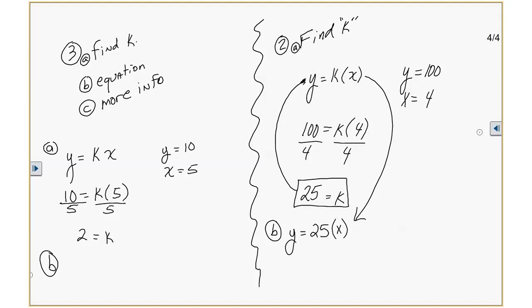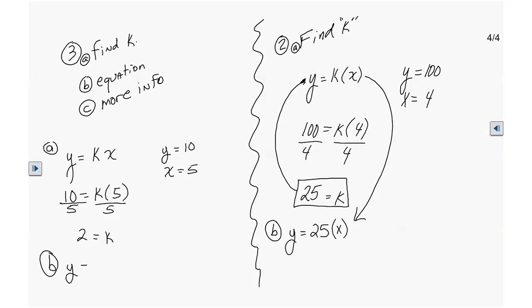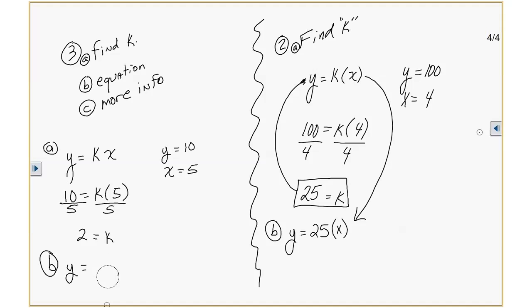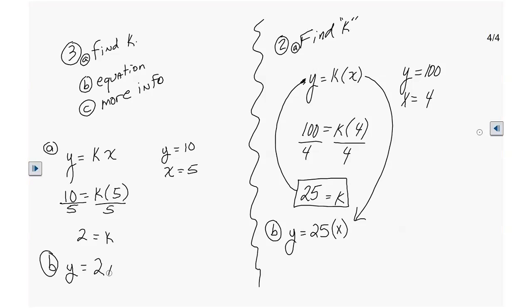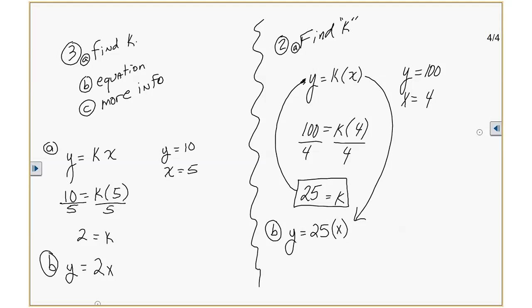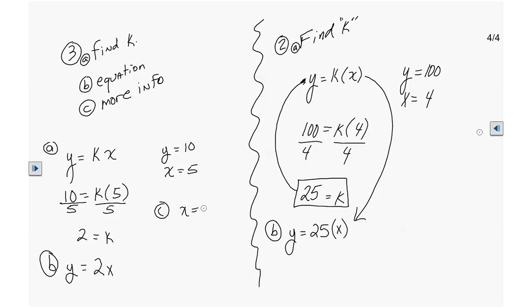Plug K back into the original. Y is equal to 2 times K. I'm sorry, not 2 times K. 2 times X. And then C, they're going to say X is equal to 25.